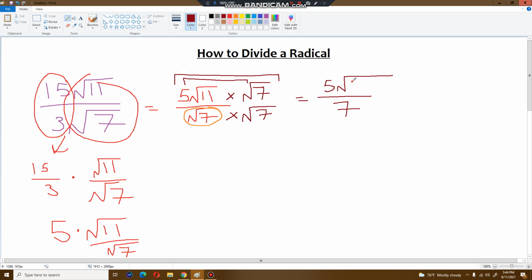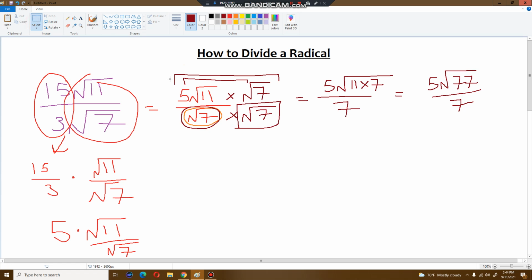And 11 multiplied by 7, if you remember the formula, final answer, 5 square root of 77 divided by 7. And you see, this is how you divide a radical. Again, always remember, use the formula, and if you have a radical as your denominator, then get rid of that radical sign by multiplying it by the exact same square root.